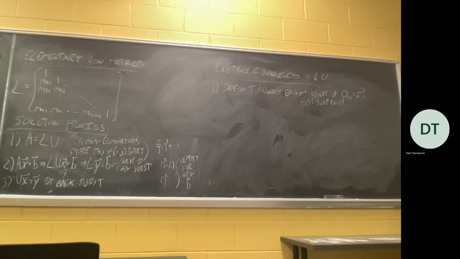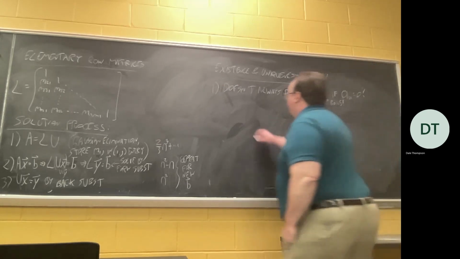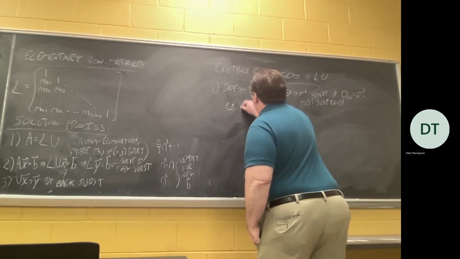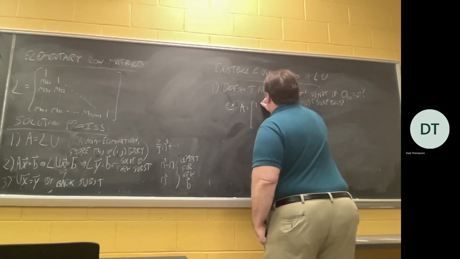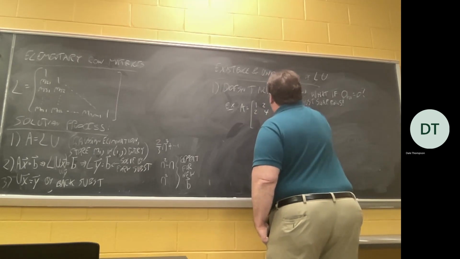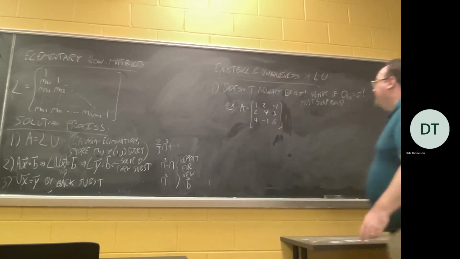But there are other kinds of matrices where a_11 is non-zero, but there is still no LU decomposition. Actually, I'm going to whip up a simple example of that. Okay.